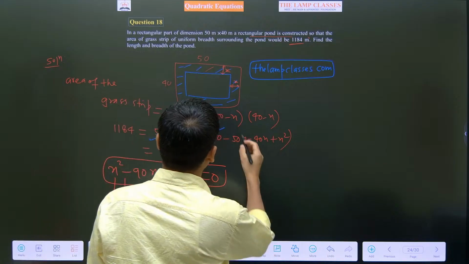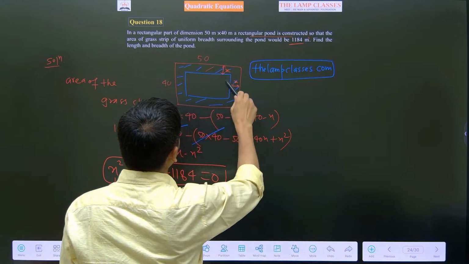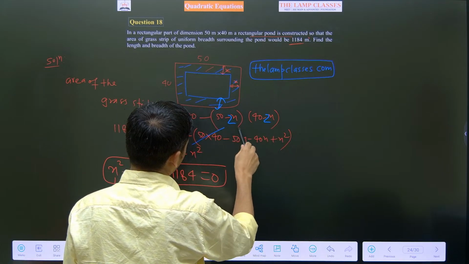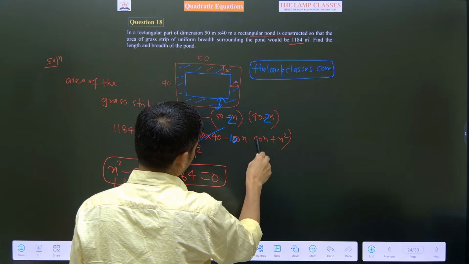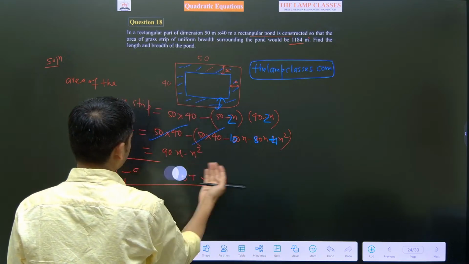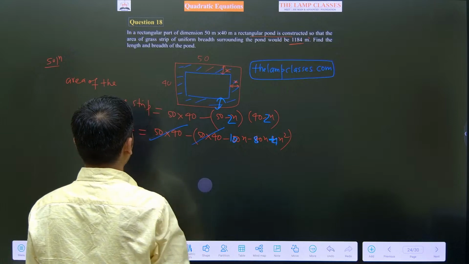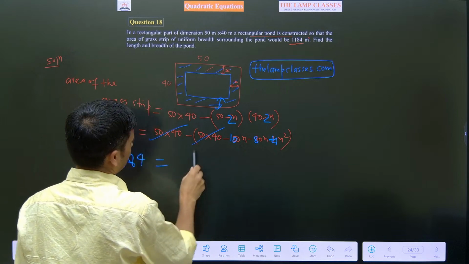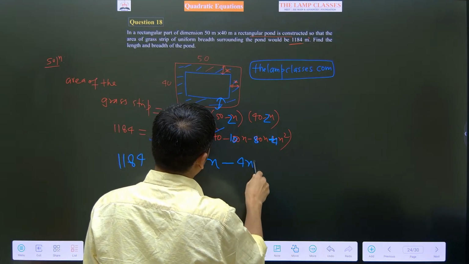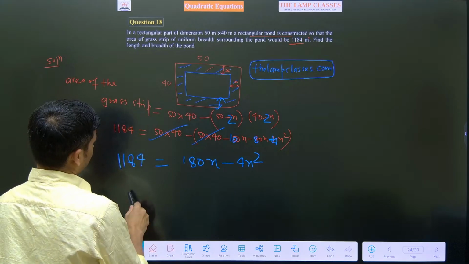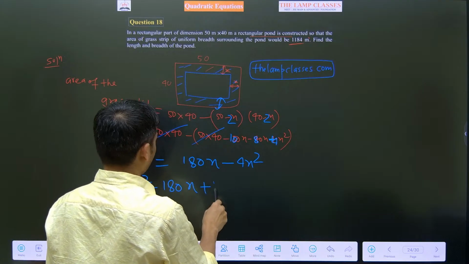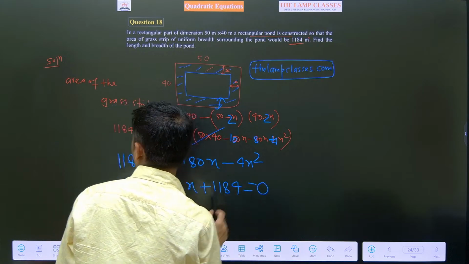Oh, my bad, no? It's 2x, right? Because this part also we should add, no? It will make small change, guys, no? Please check. So it is basically 180x minus 4x square. I think 4 is common everywhere, so we can cancel 4.